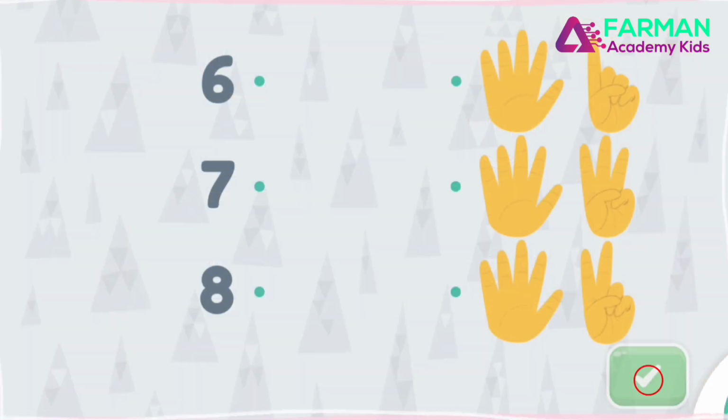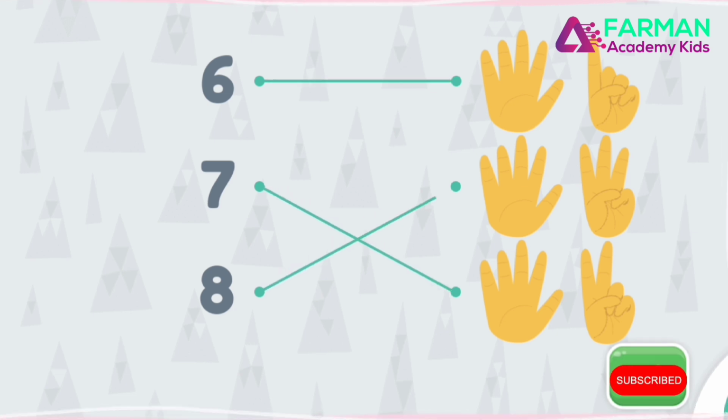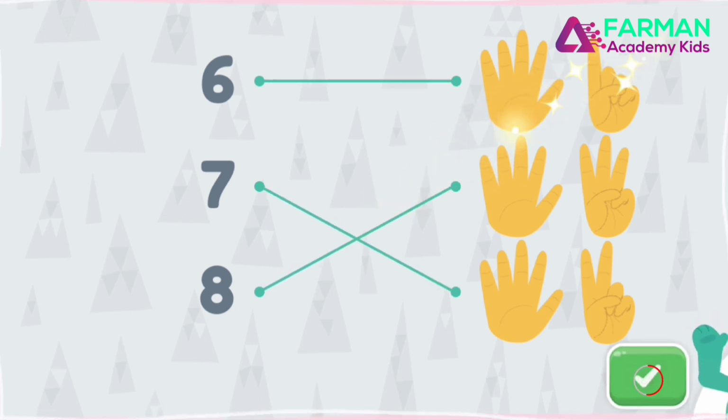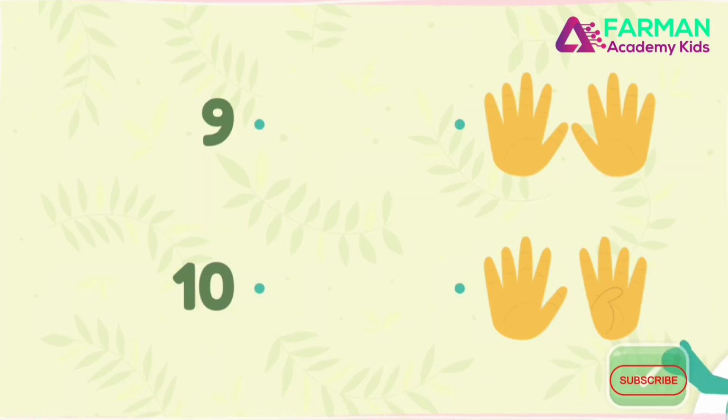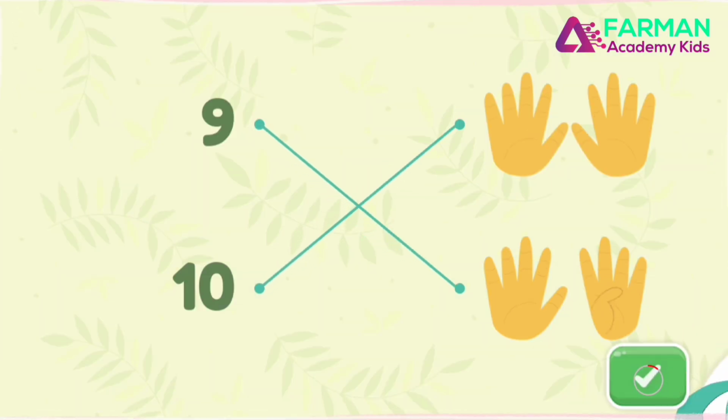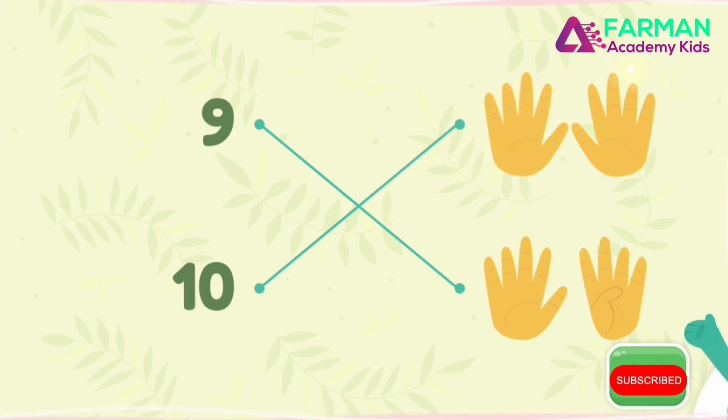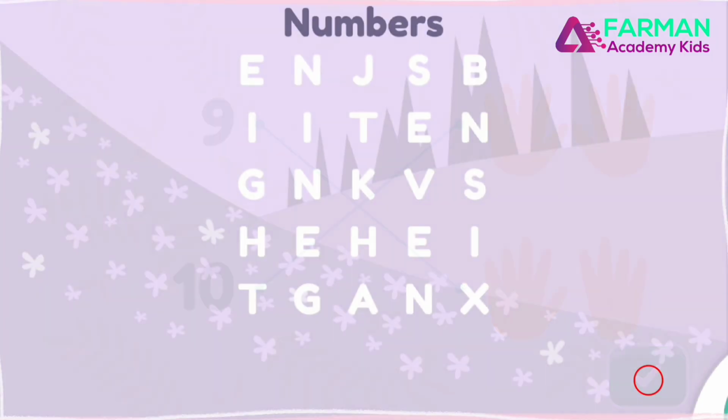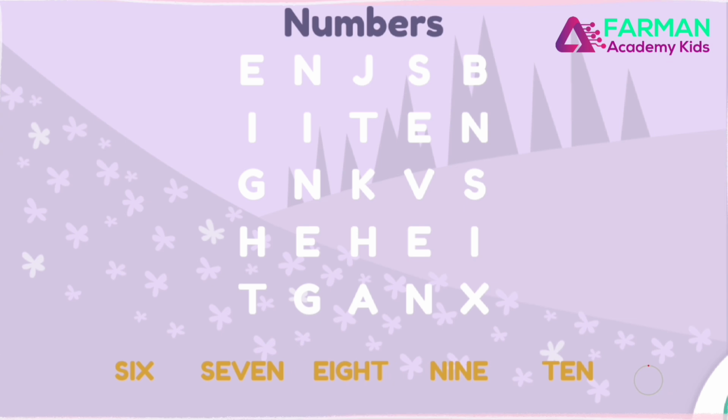Match the numbers with the right number of fingers. 6, 7, 8. Keep it up. Match the numbers with the right number of fingers. 10, 9. Keep up the good work. Find the number words.